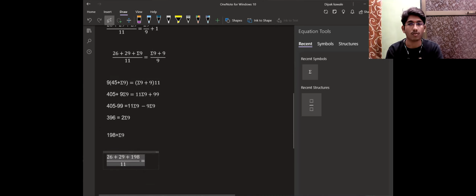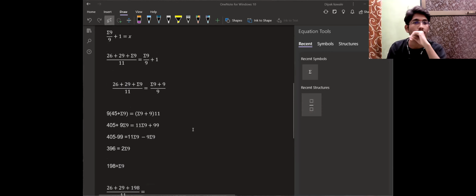This 45 plus 198 will be 243, correct? So 53 by 11, okay, not 240.